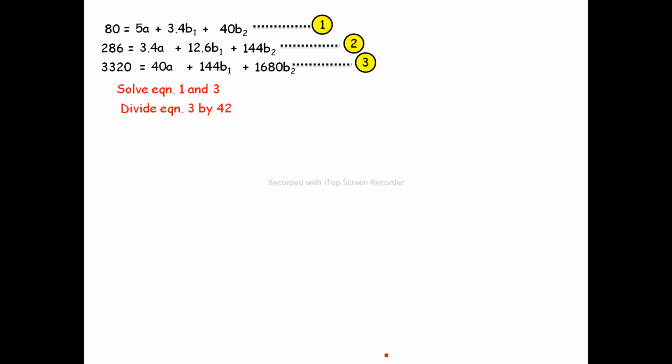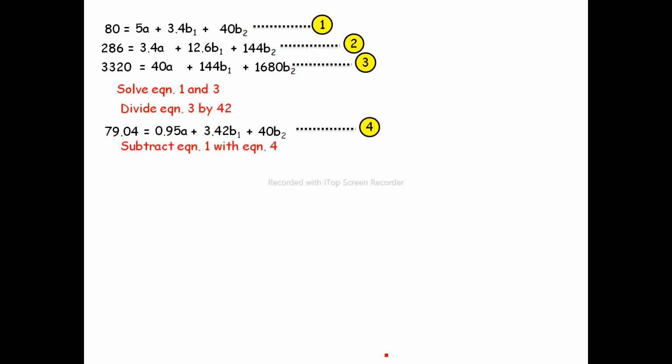So 3320 divided by 42 will become 79.04 equals 40a divided by 42, which will become 0.95a, plus 144 divided by 42 is 3.42b1, plus 1680 divided by 42 will be 40b2. So this will become equation number 4.